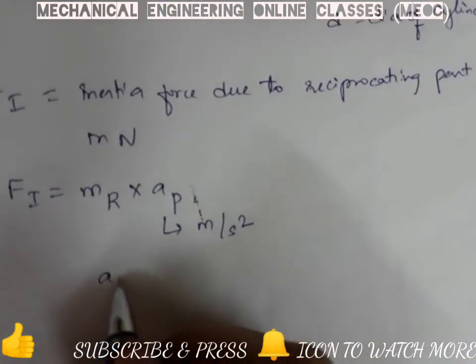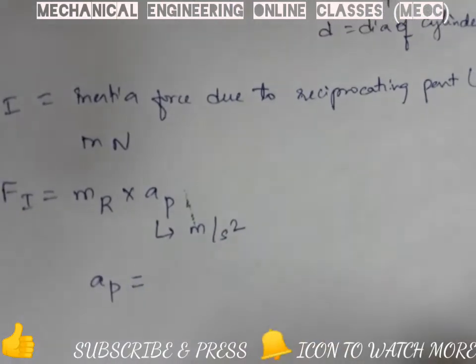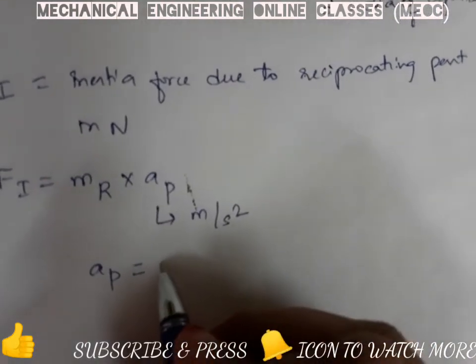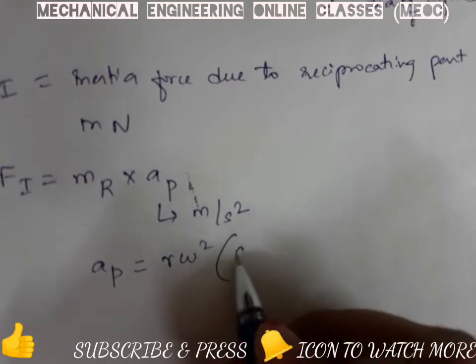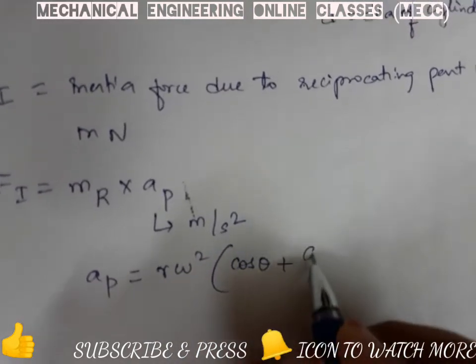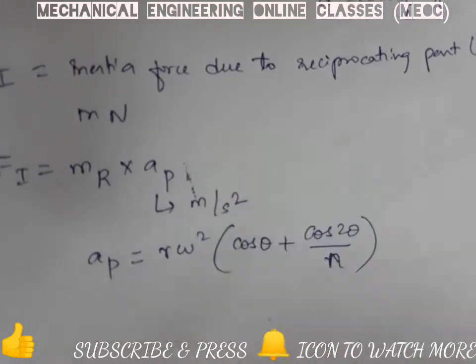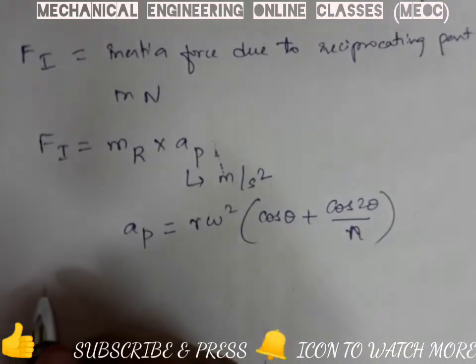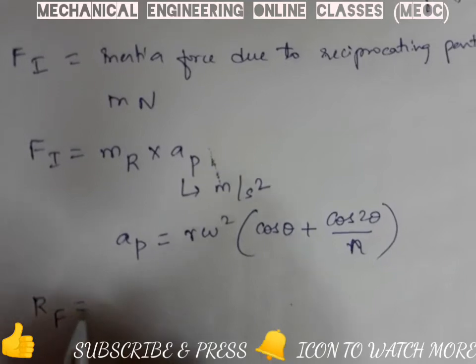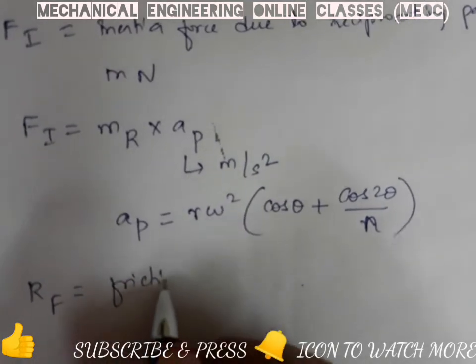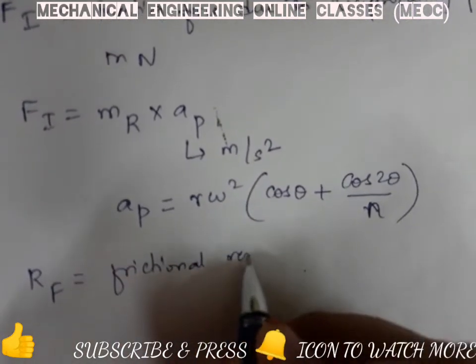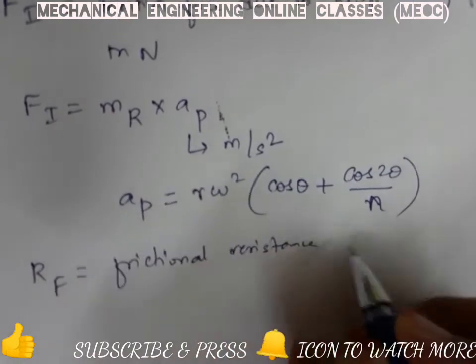And from our previous derivations, previous videos, we know that AP can be given as r omega square into cos theta plus cos 2 theta by small n, which is obliquity ratio. And let RF be frictional resistance, or simply friction, taken in Newton.